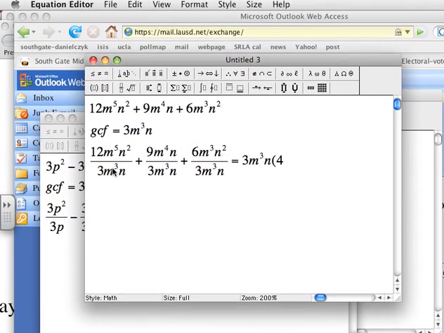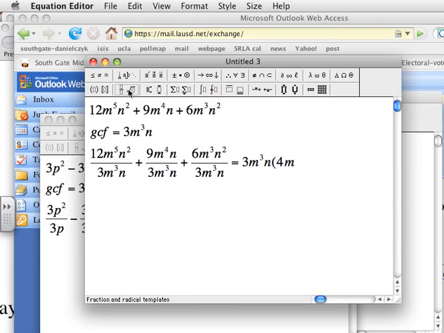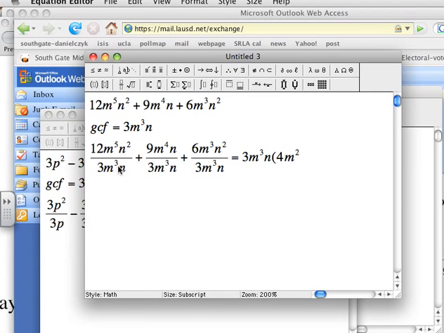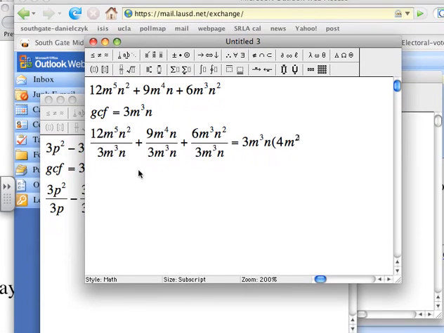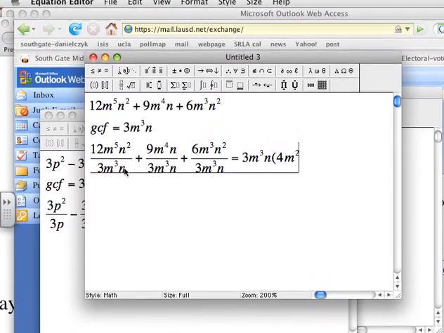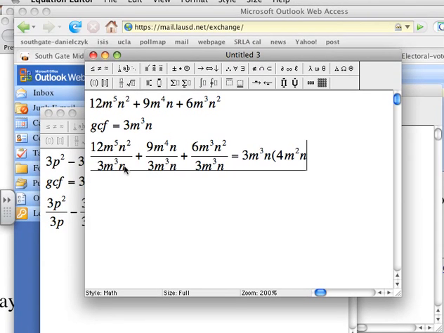M to the 5th power divided by m to the 3rd power. Well, I could just write this as a subtraction problem, 5 minus 3. 5th power is my numerator, 3rd power is my denominator. Well, 5 minus 3 is 2, so I'll just leave it as 2. And n squared, I'm taking away one of those n's, I'll have 1n left.